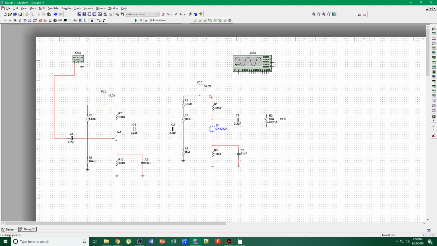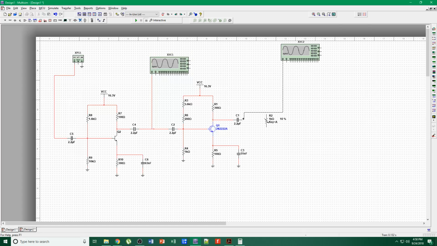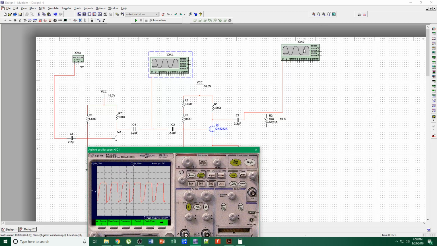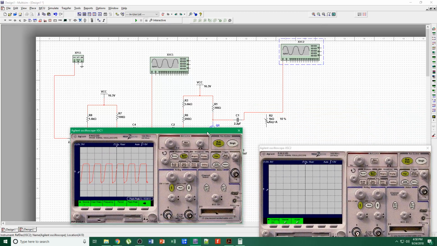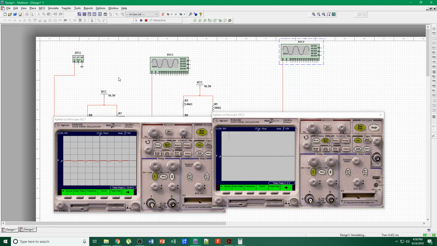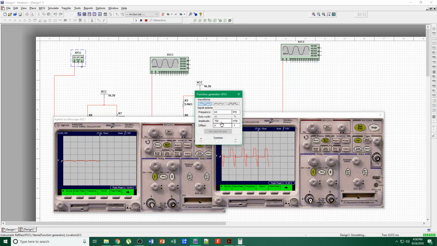So I'm going to place an input there. This should be a 7. We're going to take 2 oscilloscopes and we're going to measure. It should be 0.15, 150 millivolts.